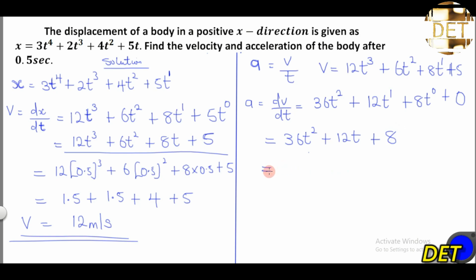Since I have my equation already differentiated, the next thing I will do is to impute the value of t, which is what? 0.5, right? So this will be 36 open bracket 0.5 squared plus 12 times 0.5 plus what? 8.